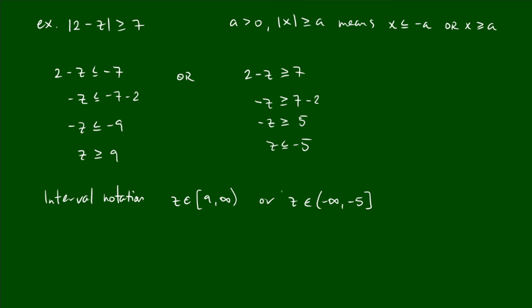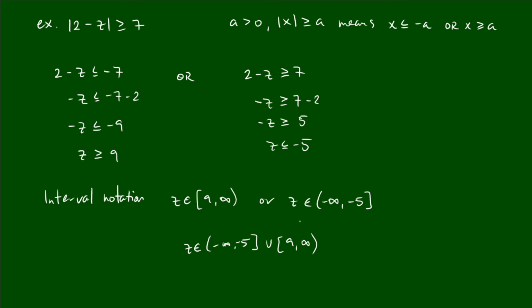Now instead of using or, you would use the union symbol. Well, you know what? Let's do it like this. The solution would be negative infinity to negative 5, union 9 all the way to infinity. Z is an element of this whole set.